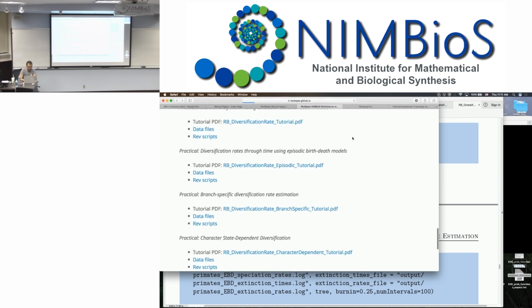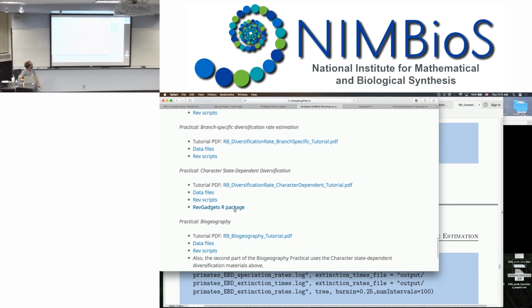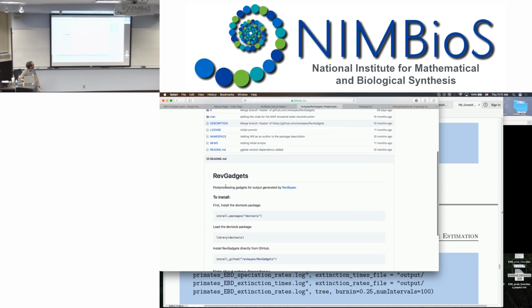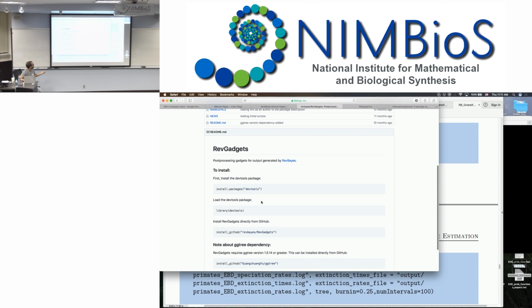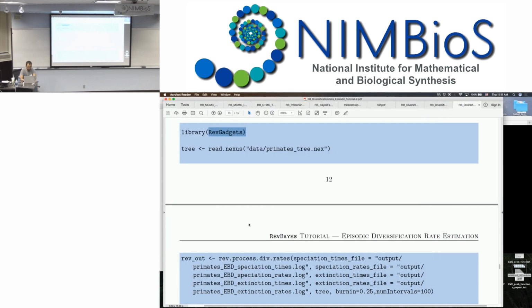So scroll, I think it's down a little bit here. Yes, there. So there's the link to it, and it tells you it's post-processing of the RevBayes output. This is the way you install it. There's something with ggtree that we're using, so you need to install that tool, but it should be mostly straightforward to just install that R package.